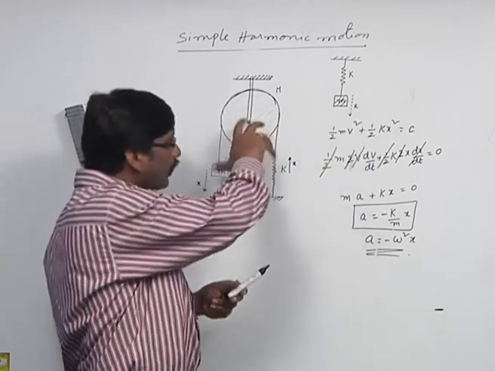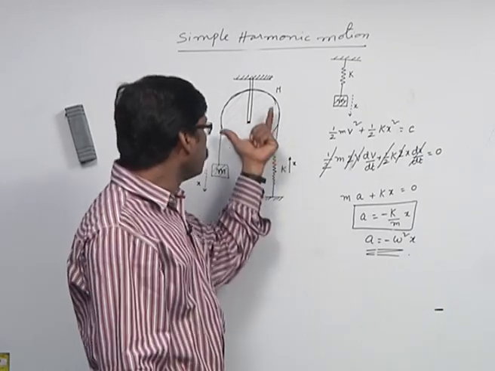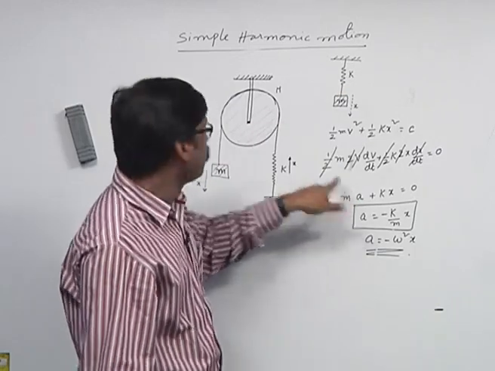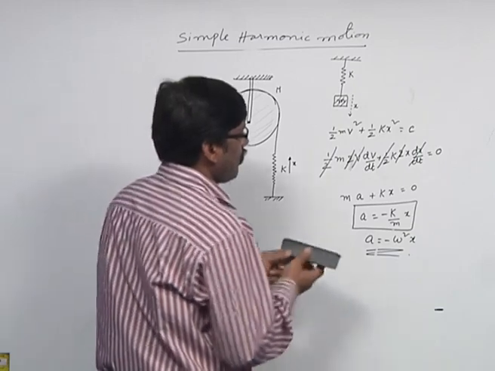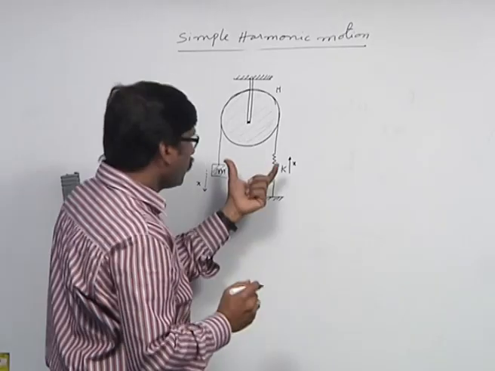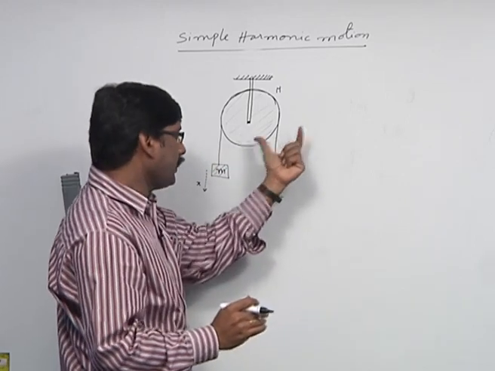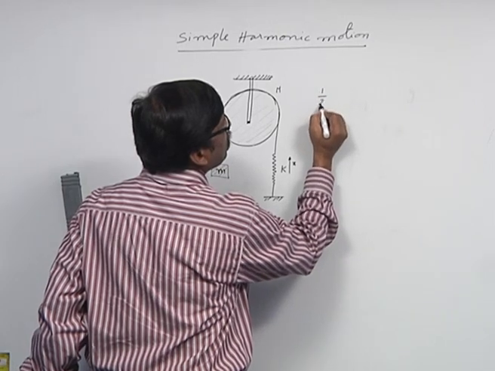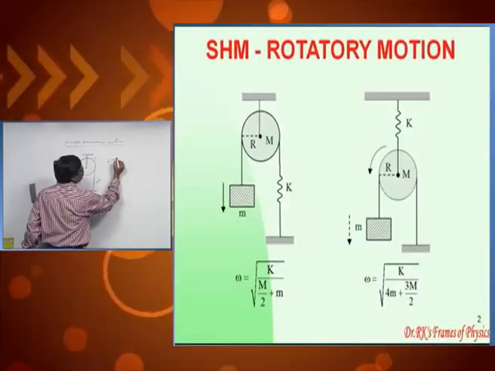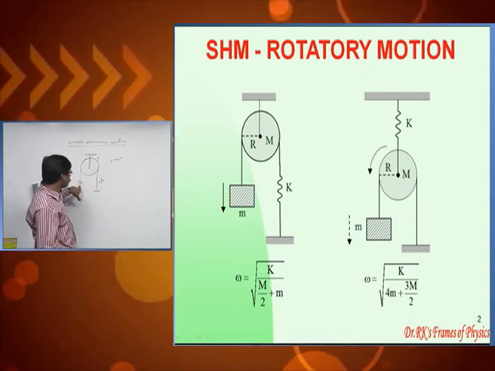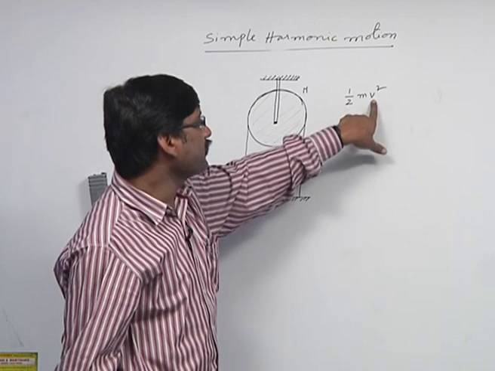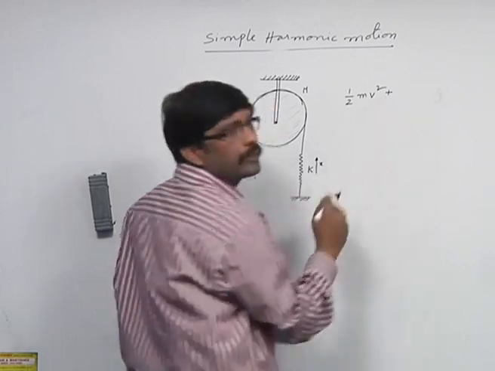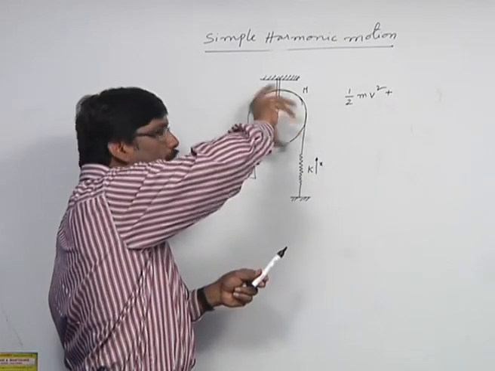Whenever you have this type of complicated system, we can easily solve it by using energy method. I am going to apply this energy method to this system. So, now let us write the energy of the system. The kinetic energy of this mass at any given instant of time, v is the velocity, m is the mass, the kinetic energy is half mv square, plus, very important, it is rotating.